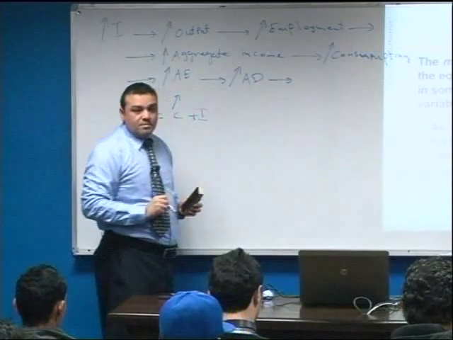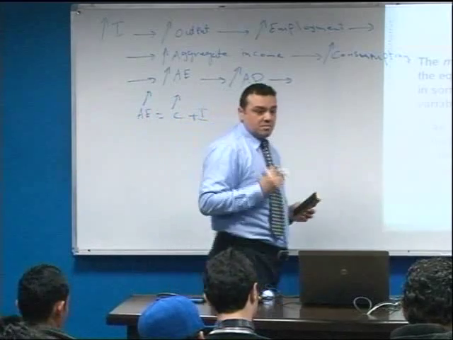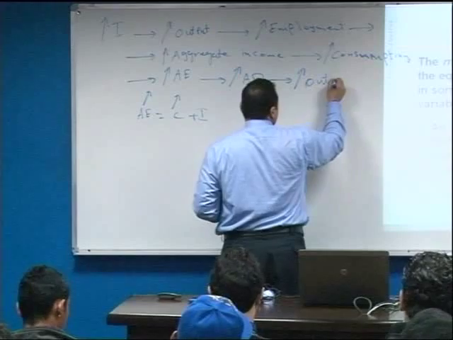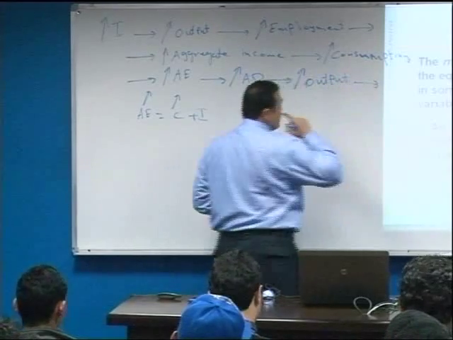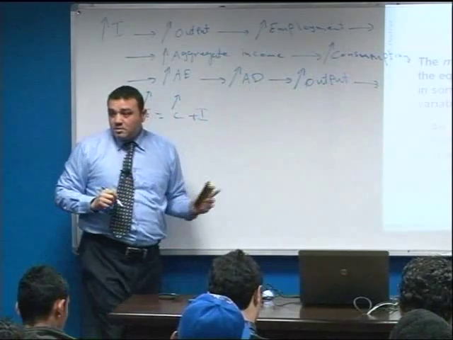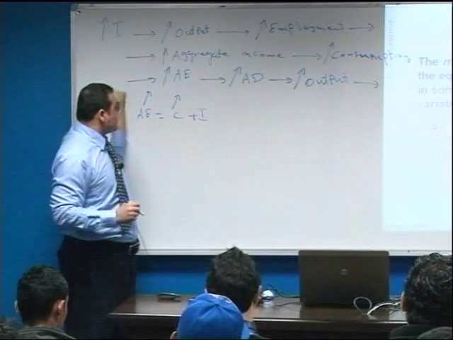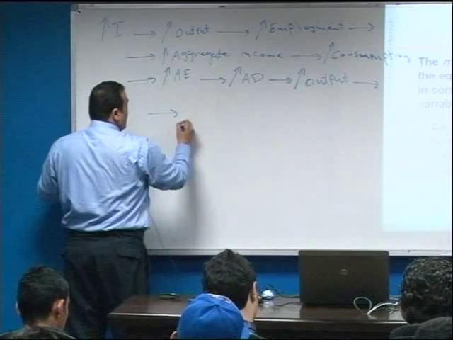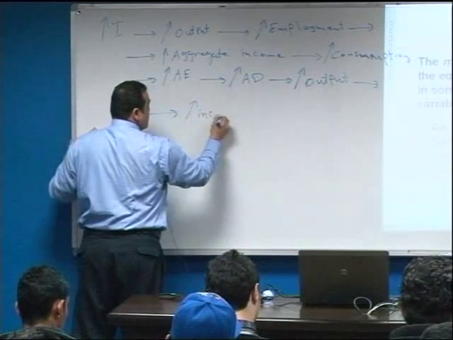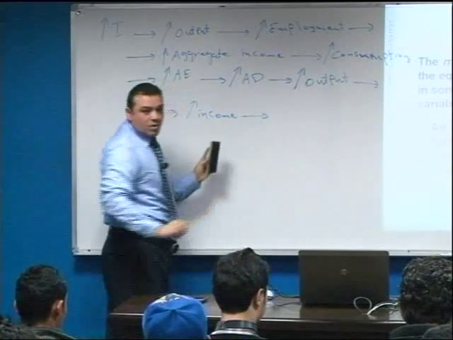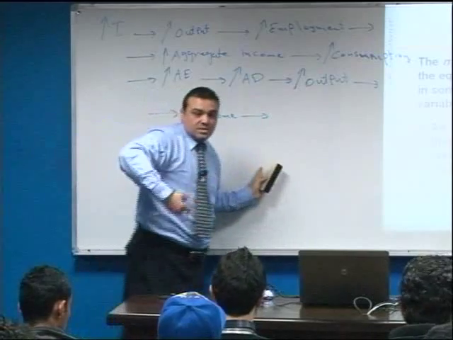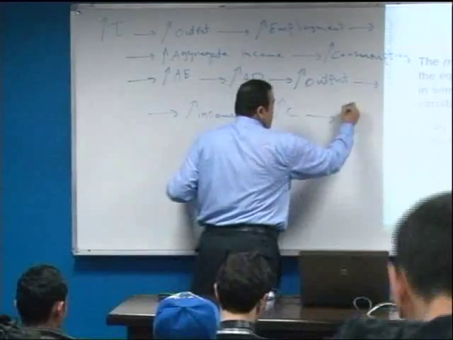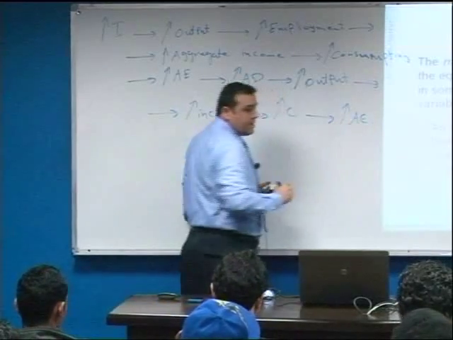What would happen? The output would increase. This leads to increasing of aggregate output once again. Increasing of aggregate output leads to the same cycle: increasing of aggregate income, which leads to increasing of consumption once again, then increasing aggregate expenditure or aggregate demand.